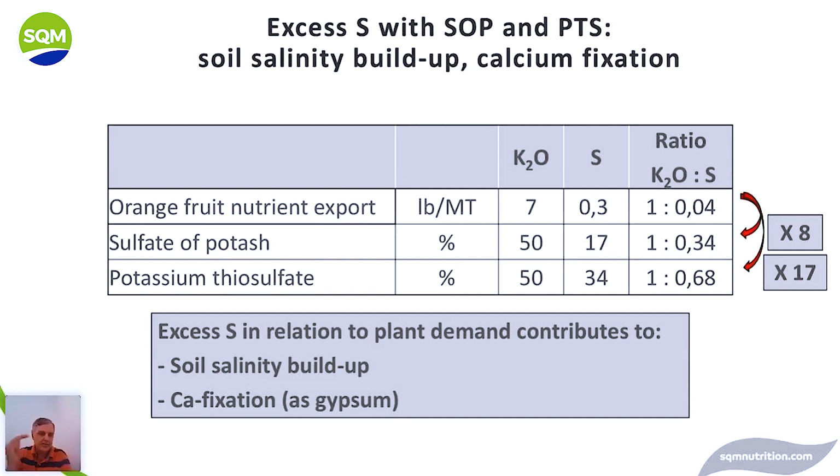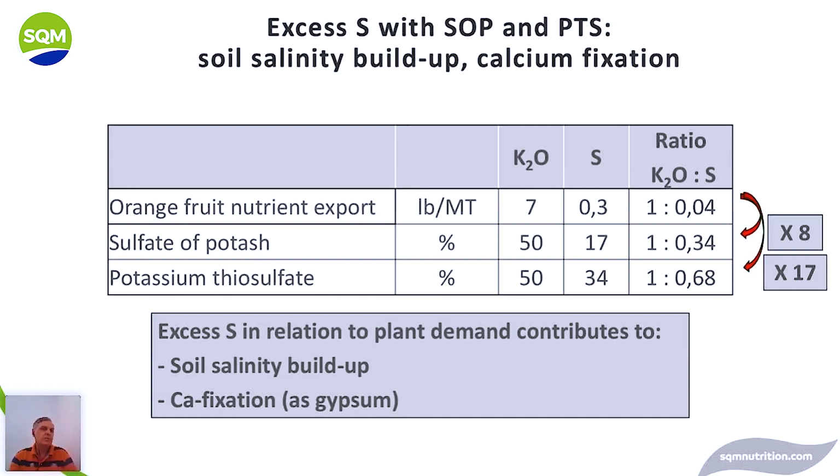If you take the highest numbers, on average, for example for orange nutrient export, for every metric ton of fresh fruit we need around 7 pounds per metric ton of potassium and around 0.3 pounds of sulfur. That is the balance according to the nutrient extraction. That gives us a ratio: for every 1 pound of potassium, I need 0.04 pounds of sulfur. So that's the balance the crop needs.